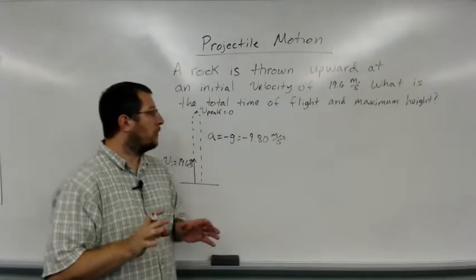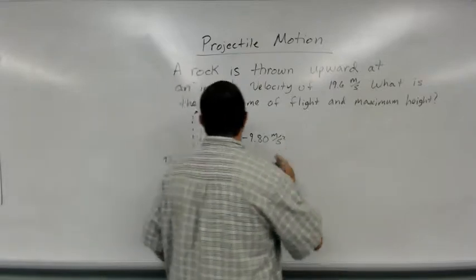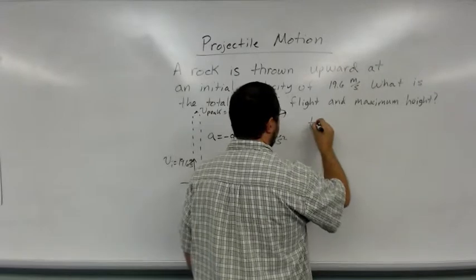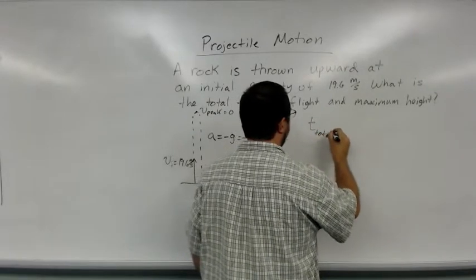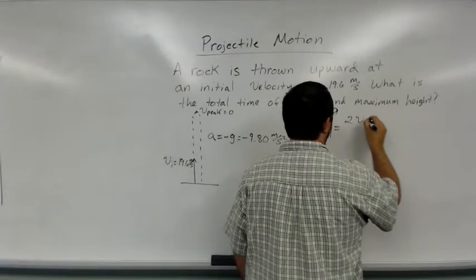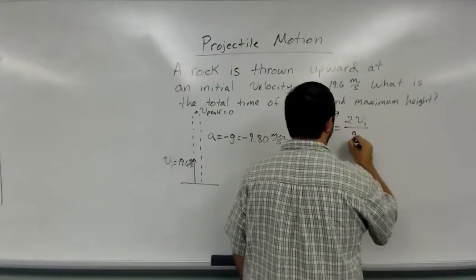Now, for the total time, we already derived that the total time of flight is equal to 2 v_i over g.